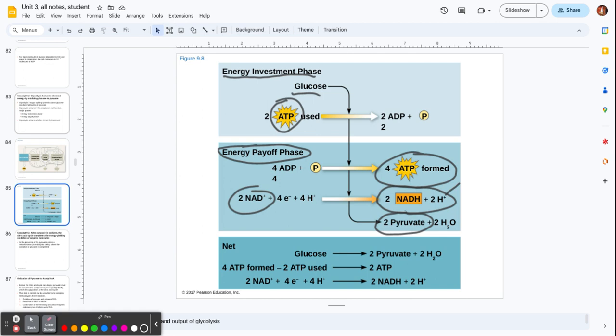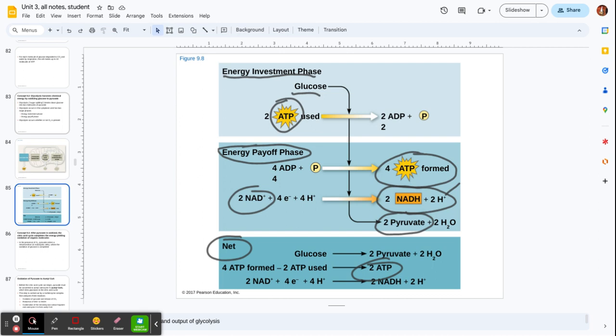By what process? What kind of phosphorylation? Substrate level phosphorylation, but not many. In the end, our net here, we're only producing 2 ATPs. So it is not very efficient at generating energy from this process, which is okay because we'll make it up along the way.